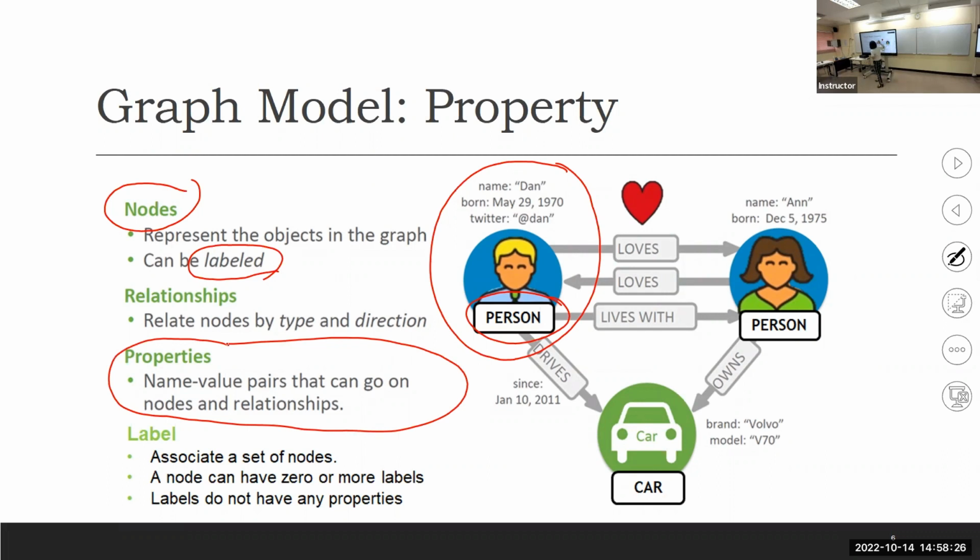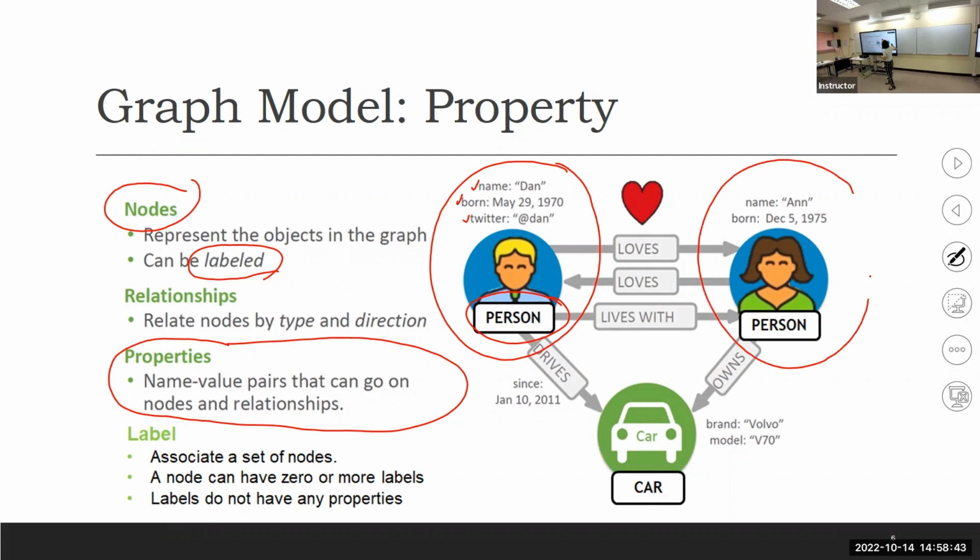And of course, in this example, the first property is name with the value Dan. The second property is born with the value of this day. Another property is Twitter with the account, right?